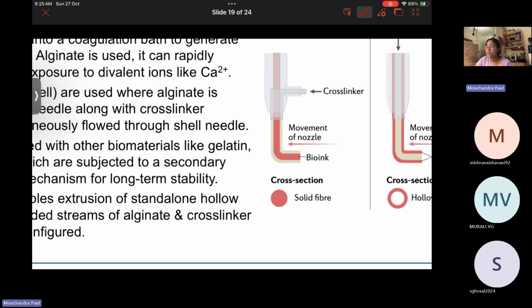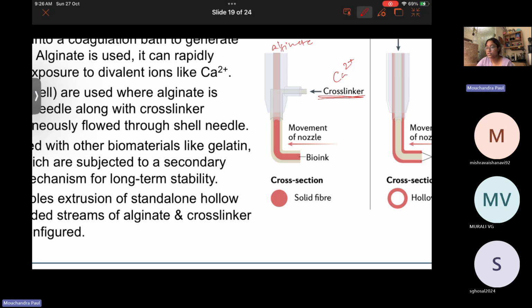You can flow a cross-linker solution containing ions like calcium from the shell, and through the core you can flow alginate. They are flowed together simultaneously. The immediate contact of the calcium ion with the alginate does ionic cross-linking instantaneously and forms a solid fiber. So solid fibers are deposited on the surface.